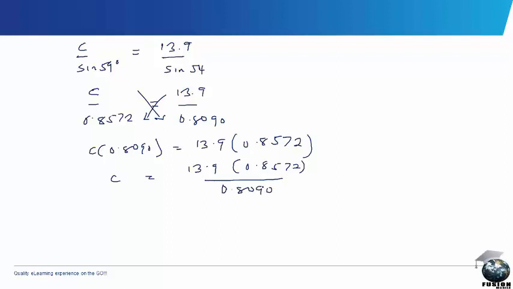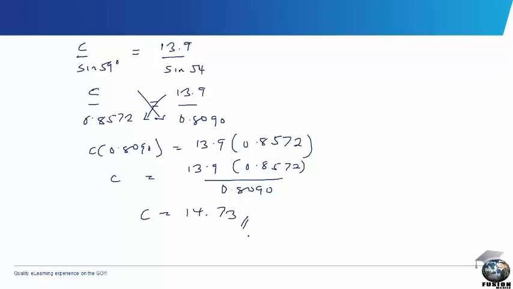Alright, so multiply 13.9 with 0.8572, and then divide by 0.8090, and then it gives us that C is equal to 14.73, which is the same thing as the other method.